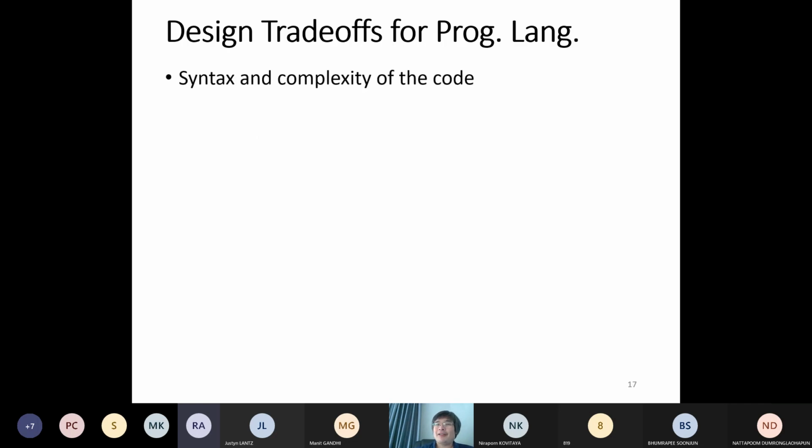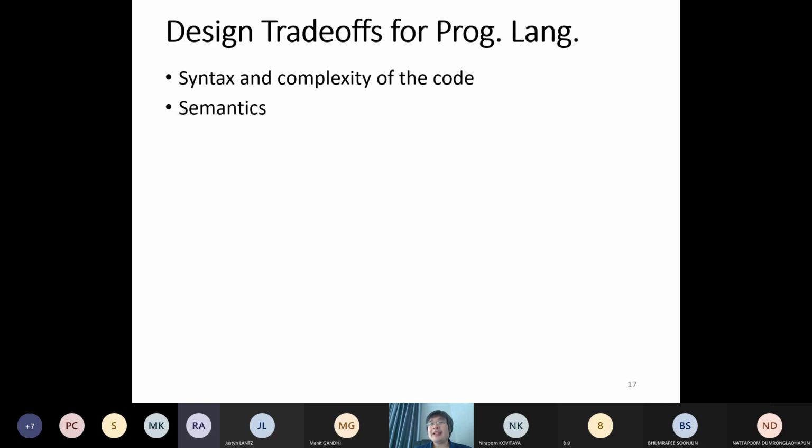Some of the syntax and the complexity of the code can be different. Python is easier. It tries to detect where you might have bugs, with the exception of that tab thing that I still hate, where if you have a loop, you need to indent one level. There's no open bracket. This is a weird thing about Python that I still don't like.